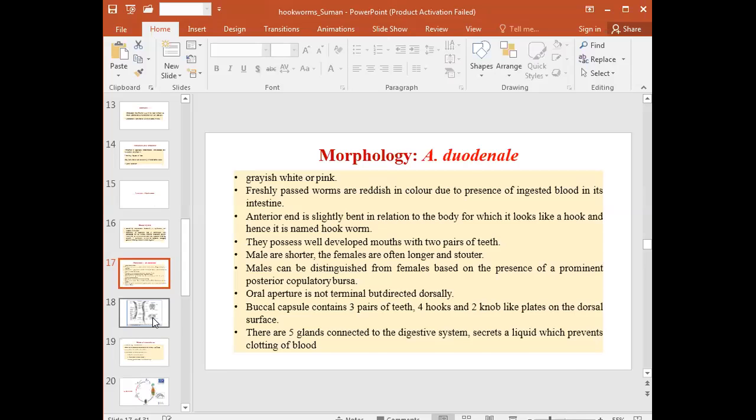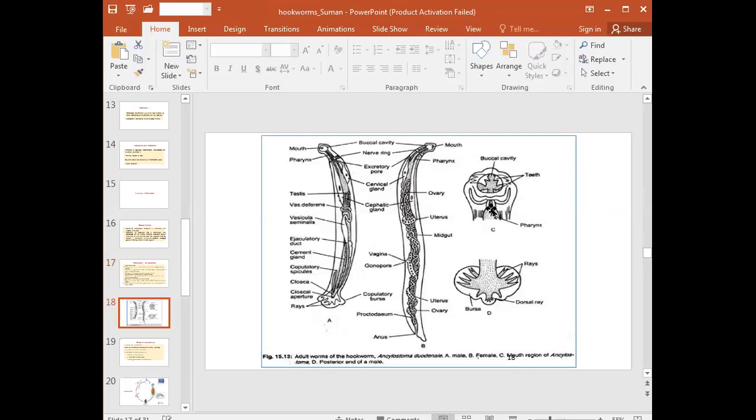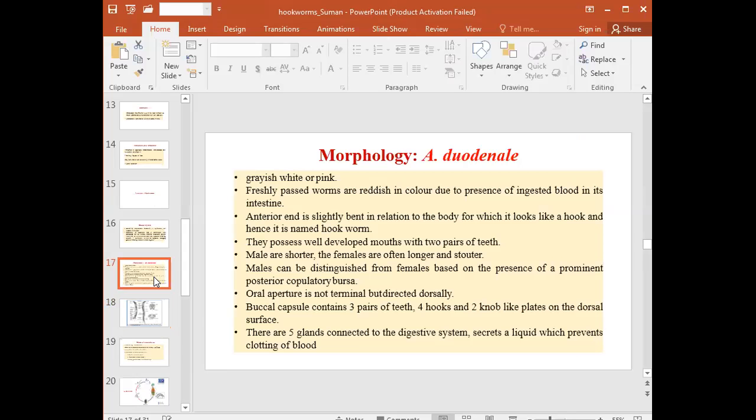This picture is showing the buccal cavity. Here you can check the teeth, and this is the pharynx that starts from the buccal cavity. There are five different glands connected to the digestive system that secrete a liquid which prevents clotting of blood in the host.